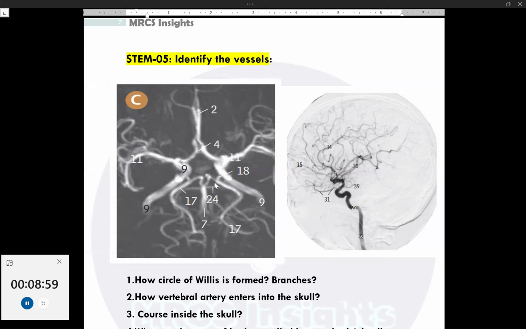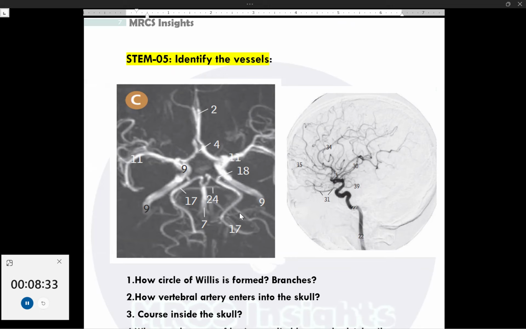Okay. So can you tell me the name of the nerve which passes between this 24, the superior cerebellar, and the posterior cerebral artery? Oculomotor nerve. Excellent. This oculomotor nerve is very important. Okay. So now tell me how the circle of Willis is formed.